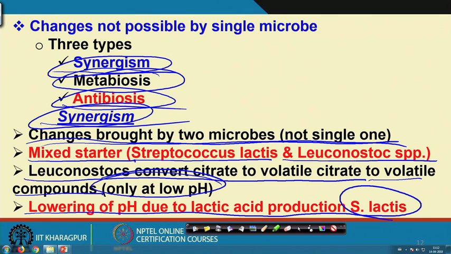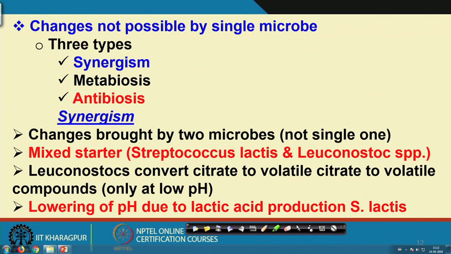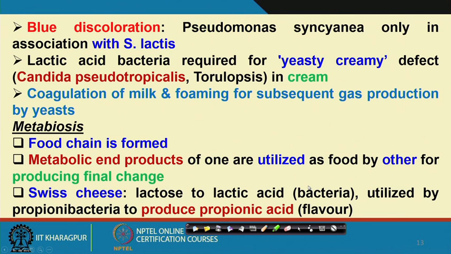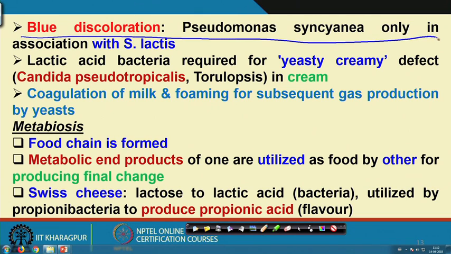Then blue discoloration: Pseudomonas cyanogenes can form the blue discoloration only in association with Streptococcus lactis.